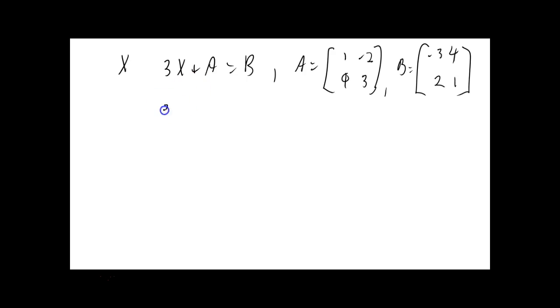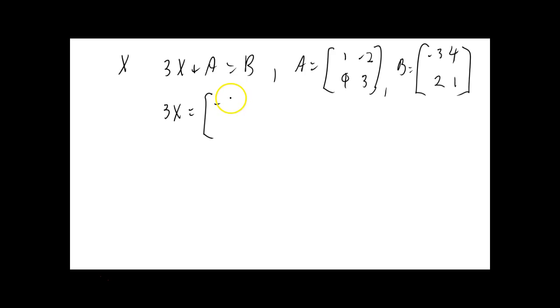So this would be 3X is equal to B minus A. B minus A. So let's just flip the signs and then add them. Yes, exactly. So negative 1, 2, 0, negative 0.